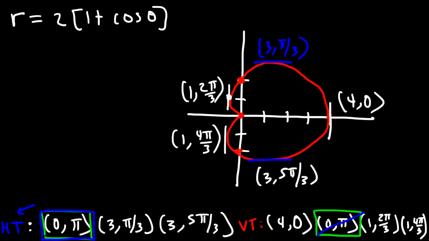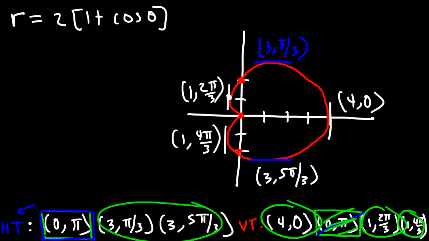So we can see that we have 3 vertical tangents, not including that one, and so far 2 horizontal tangent lines. So where's the horizontal tangent line that corresponds to 0 comma pi? Do you see where it is? For one thing, r is 0.